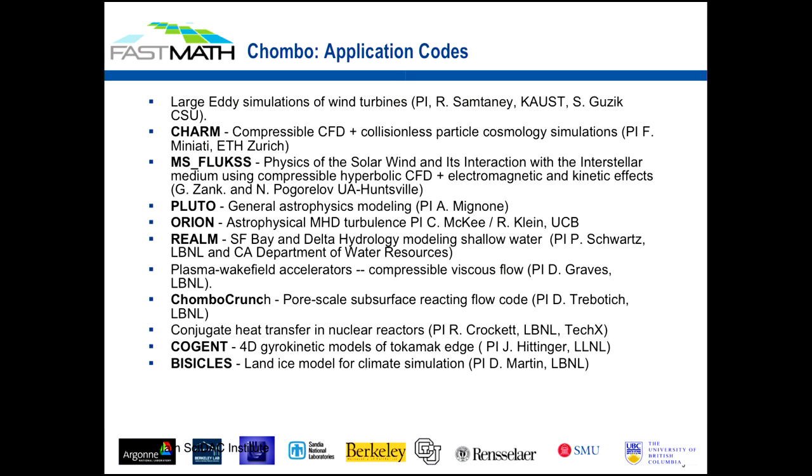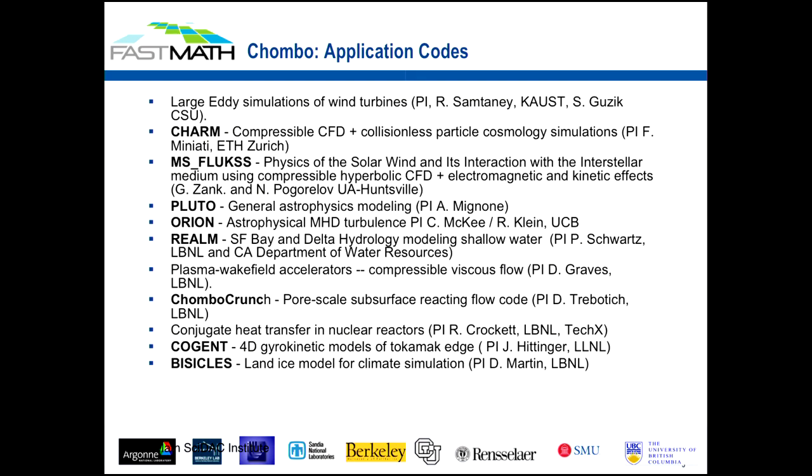Chombo Crunch is a pore scale subsurface flow modeling code. You take a chunk of what you want to model the flow transport for, run it through something like an Advanced Light Source, and do a CAT scan of it. From that CAT scan, you get segmented image data. From that image data, we generate an embedded boundary, and then from the embedded boundary, we run a simulation on it.